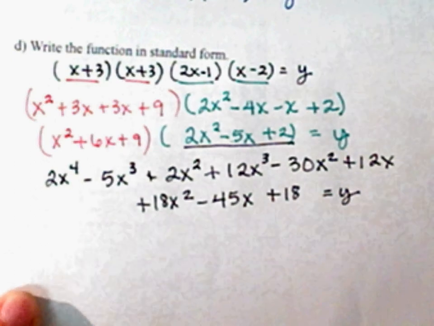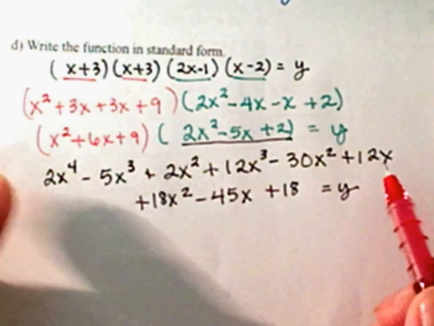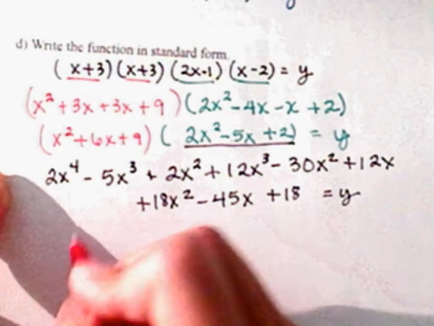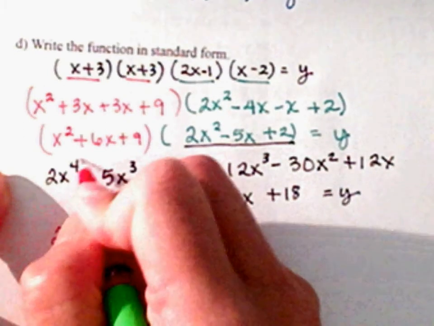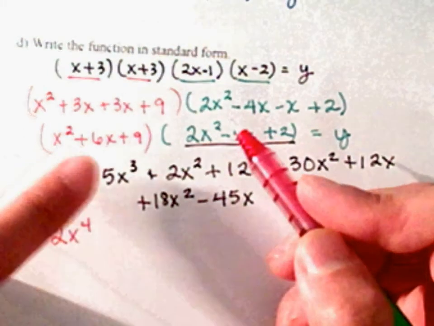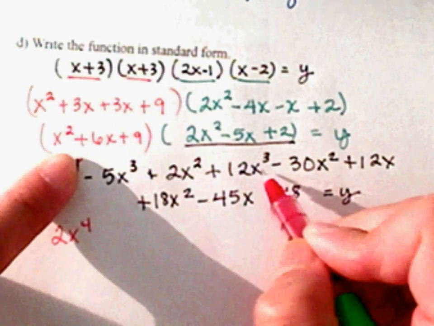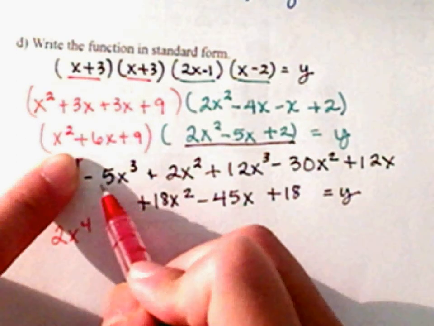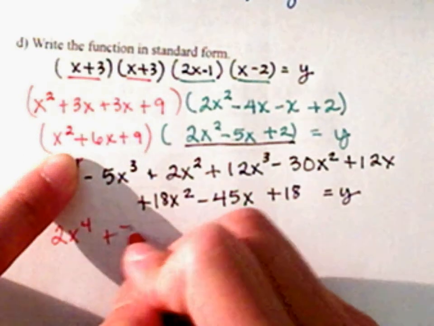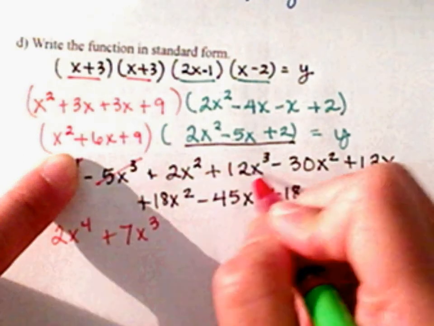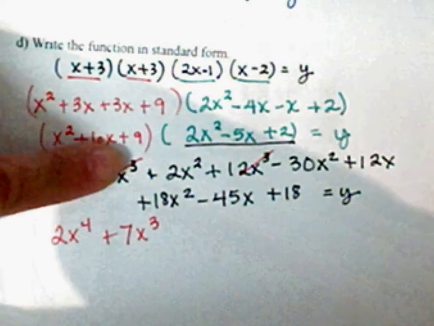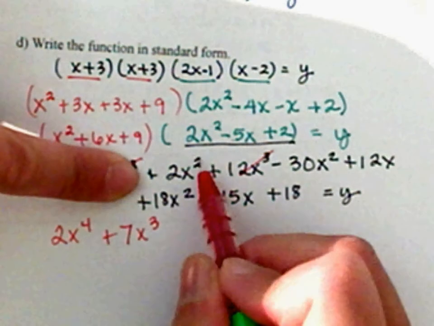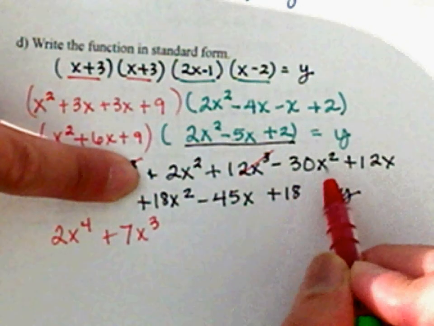Okay? So first of all, highest degree, 2x to the 4th. Mark it off. Now I got a negative 5x to the 3rd, and here's another 3rd here. So negative 5 plus 12 is positive 7x to the 3rd. Okay. Then what do you have? 2x squared minus 30x squared is negative 28x squared.